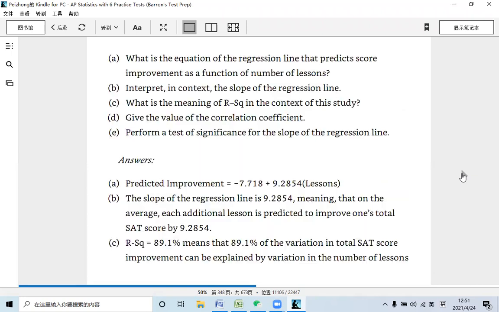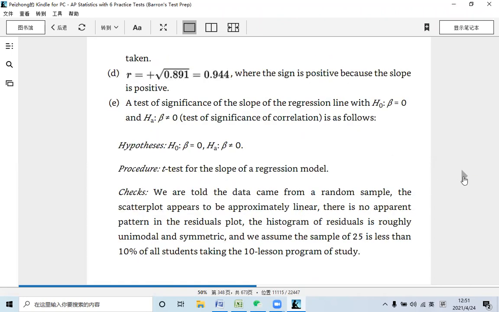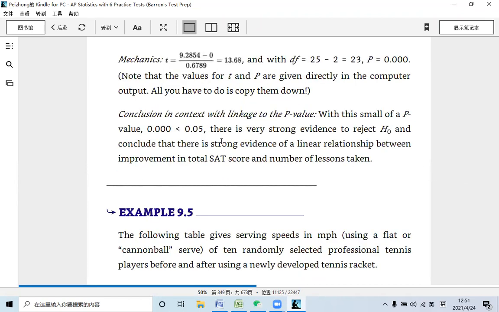How do we do that? We have the research hypothesis, and we have the null hypothesis, and here you get a t-test. The computer output always gives you the t-test result.